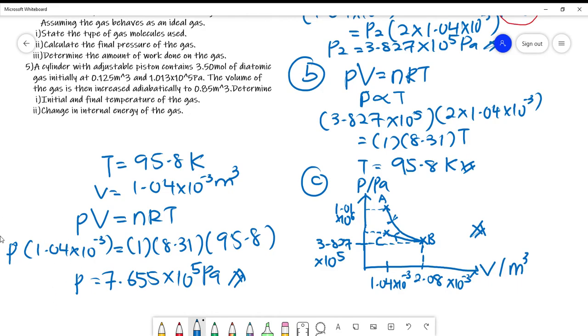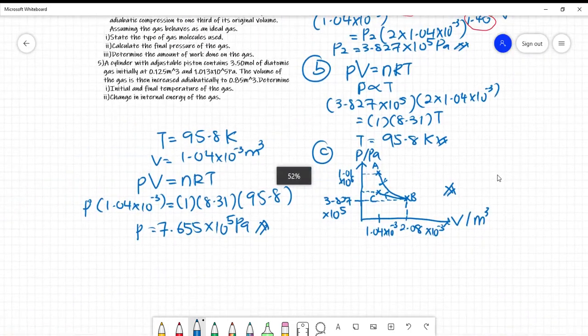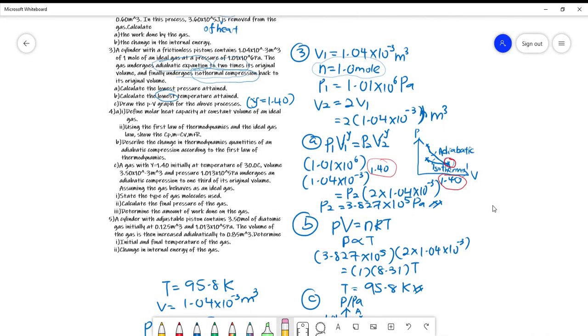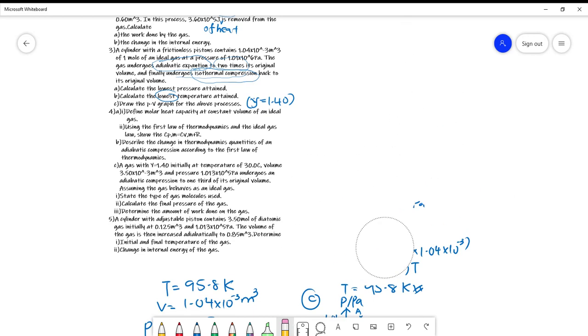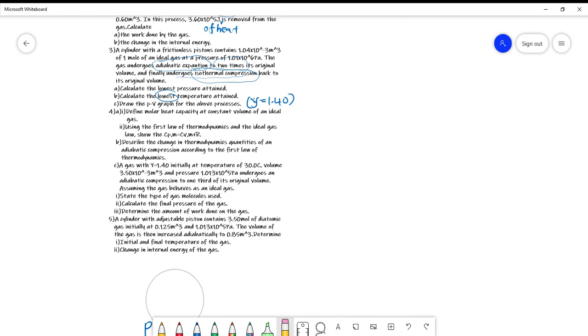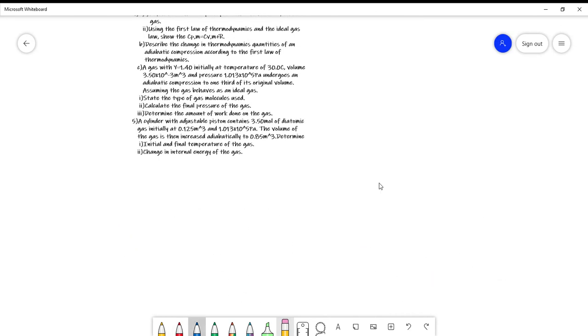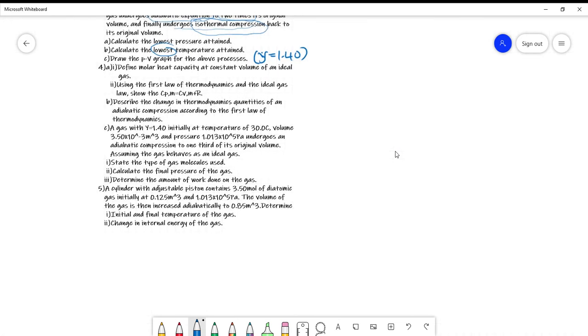Okay, so we have done question number 3. Let's just erase all this. So basically this is how we understand the concept and do it one by one. All three gas laws, which are Boyle's law, Charles' law, and Gay-Lussac's law, are quite important.